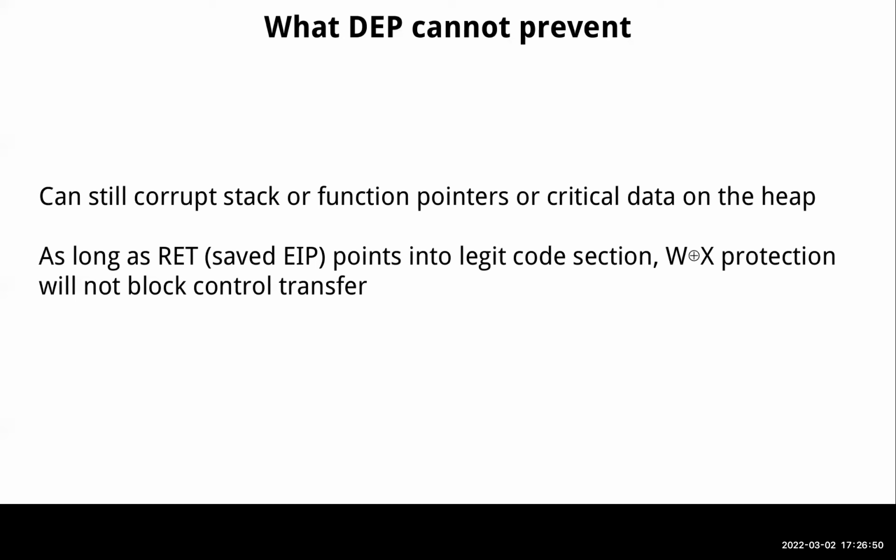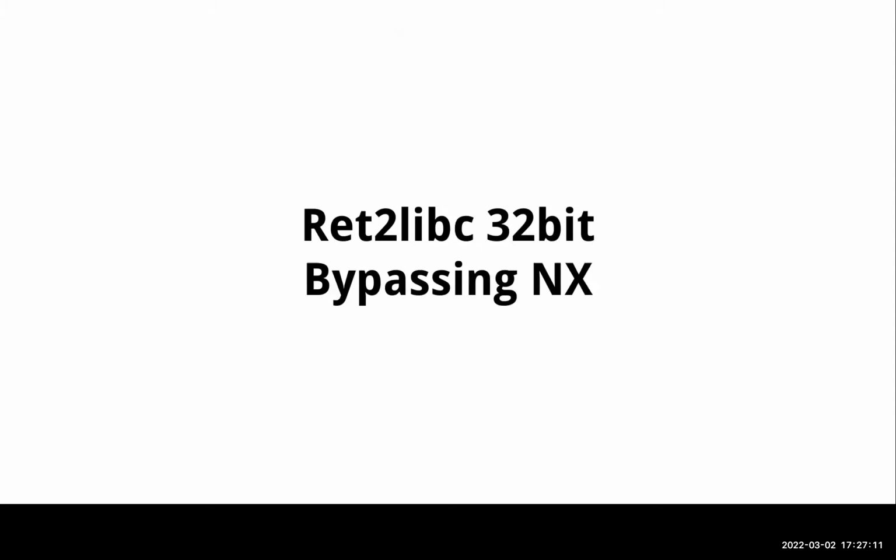And also this approach doesn't really stop you from overwriting the return address or the saved EBP on the stack. You can still overwrite that. You just cannot overwrite it and make it point to somewhere on the stack, right? Because of this, there are many ways we can bypass this defense.